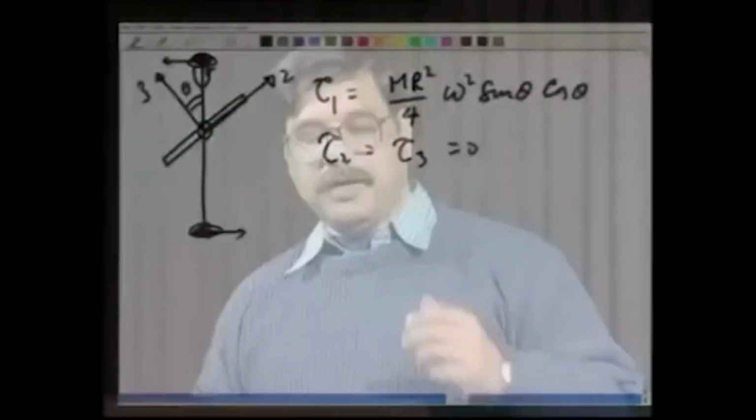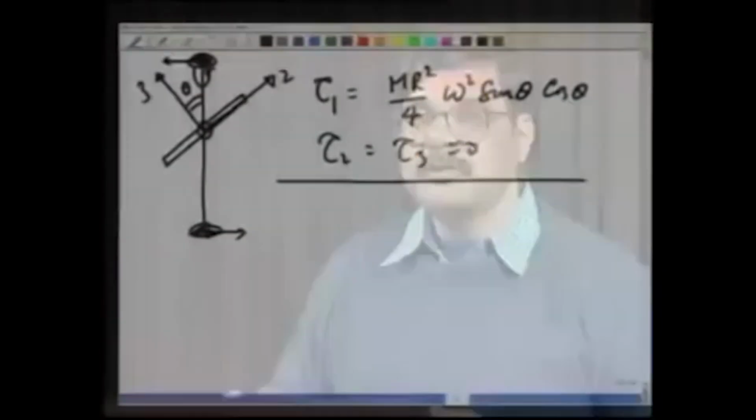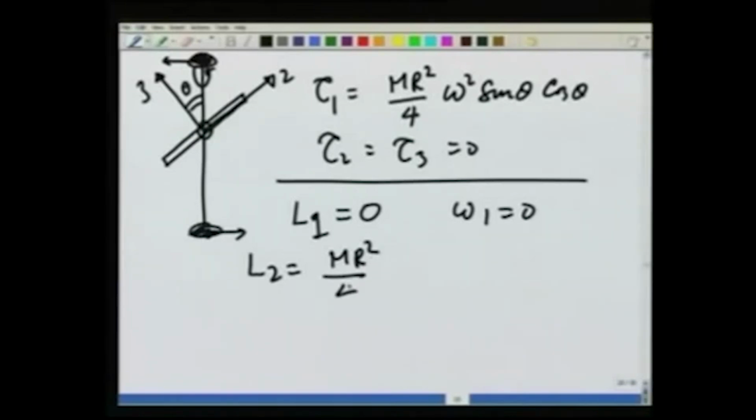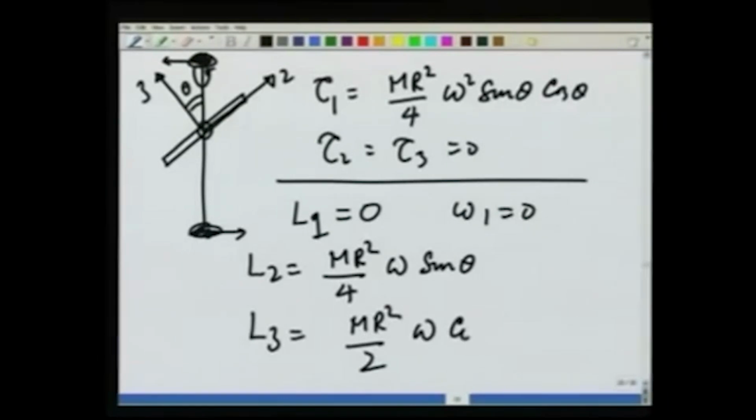Let us look at the same thing again by taking the horizontal component of the angular momentum. The angular momentum is going to have no component in direction 1 because omega 1 is 0. L2 is going to be mr square over 4 times omega sine theta, and L3 is going to be mr square by 2 omega cosine of theta.